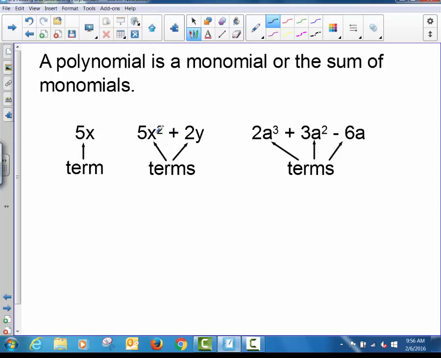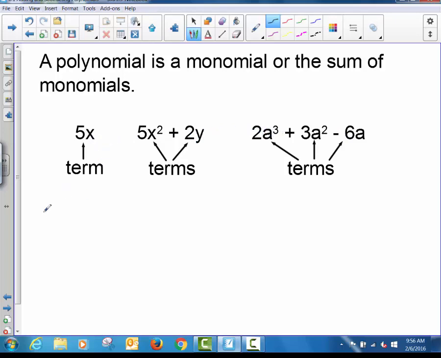Poly means many, so you've got many monomials. Okay, so 1, 2. That gives you a polynomial. All right, over here, we've got 1, 2, 3. Each one of these is a monomial because, see, this involves multiplication of a number and a variable, number and a variable, number and a variable. Okay, so all of these are polynomials.